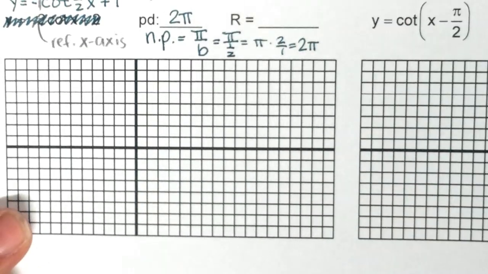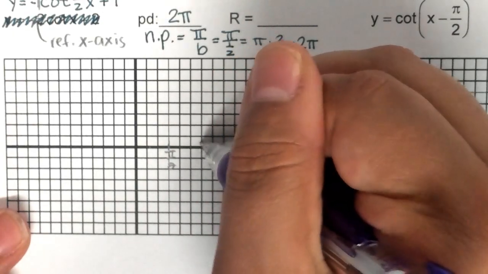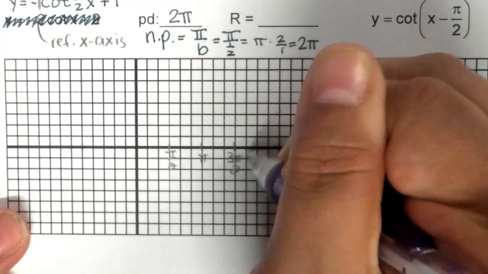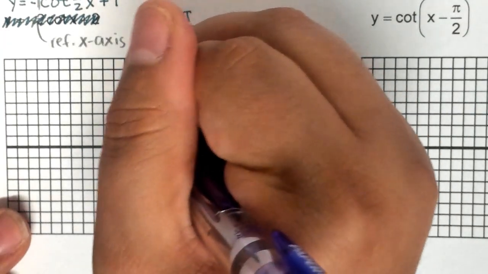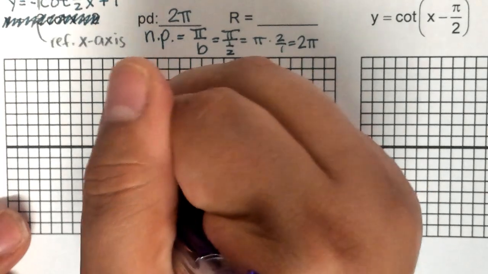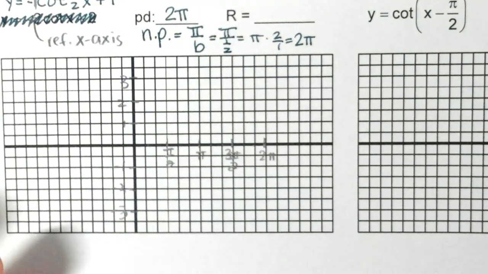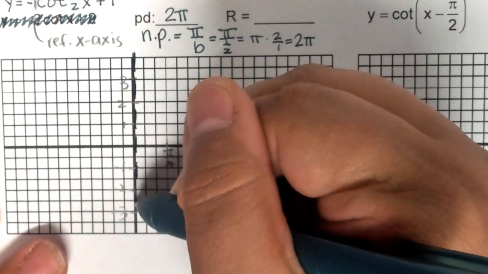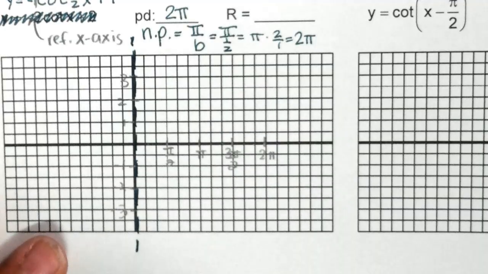So I'm going to have 1, 2, 3 pi over 2. I'm still going to have my asymptote on the y-axis. When you're drawing, please make sure it's obvious you have an asymptote drawn there.